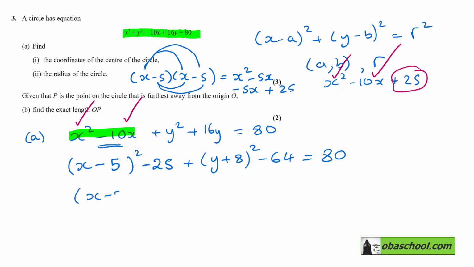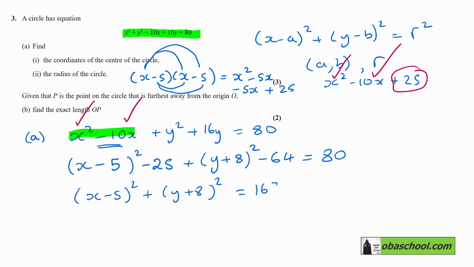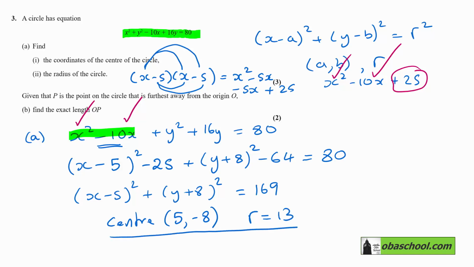So I'm going to have (x minus 5) squared plus (y plus 8) squared, and that is going to be equal to 80 plus 25 plus 64, which is 169. That tells me that the centre is going to be (5, negative 8), and the radius will be the square root of 169, which is 13.